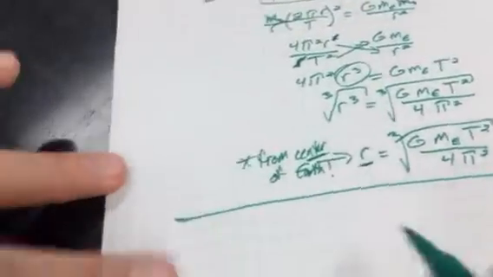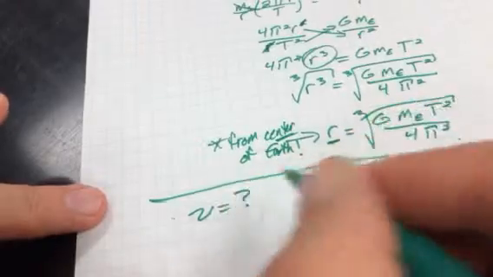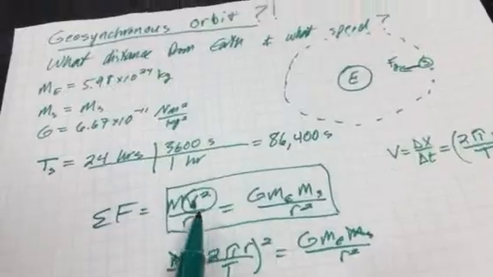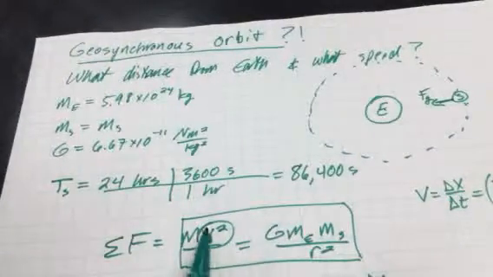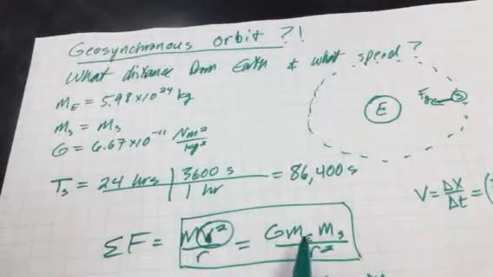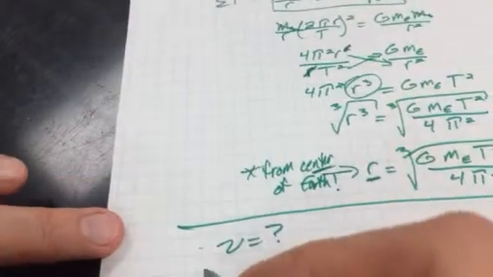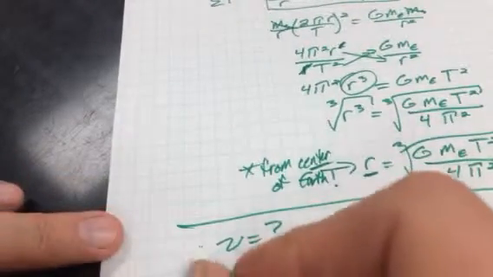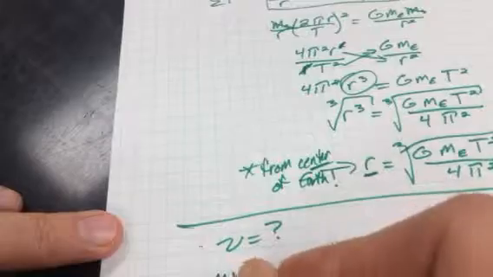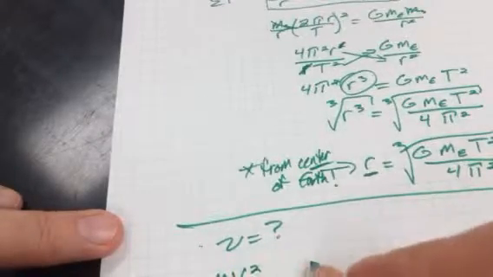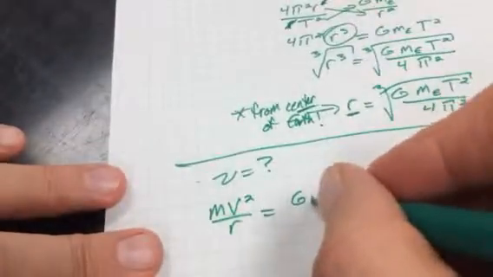Now, the other question was, all right, now we figured out how far away from the Earth it's going to be. What about its speed? How are we going to do that? Well, we go right back to our original force summation, which equated the centripetal force as being caused by the gravitational force pulling towards the center of the Earth. So with that in mind, the centripetal force is equal to the force of gravity.